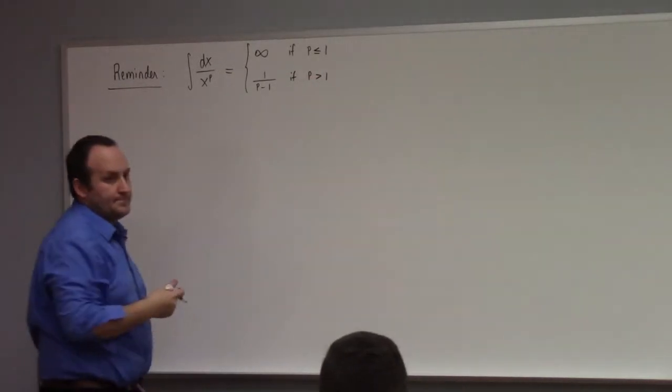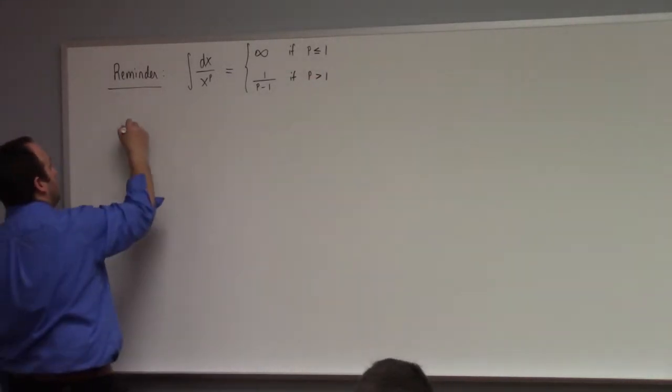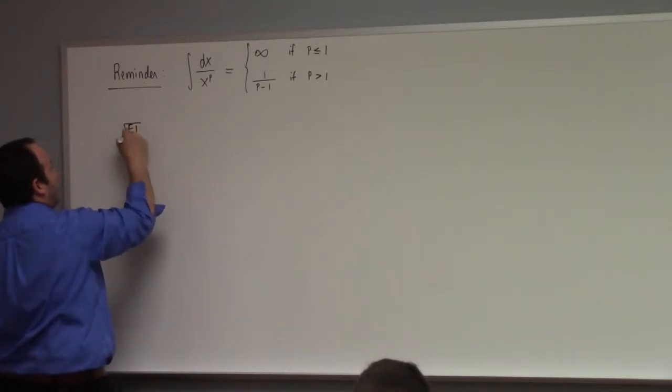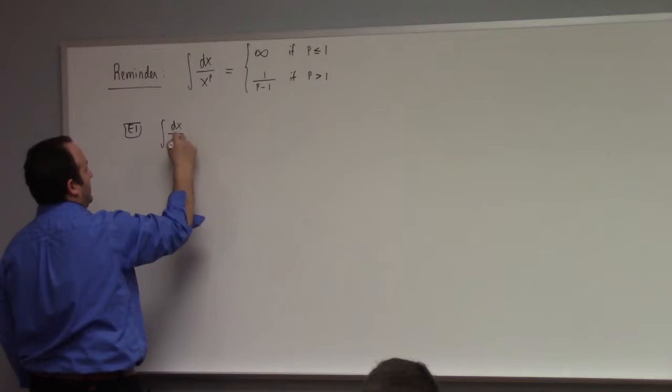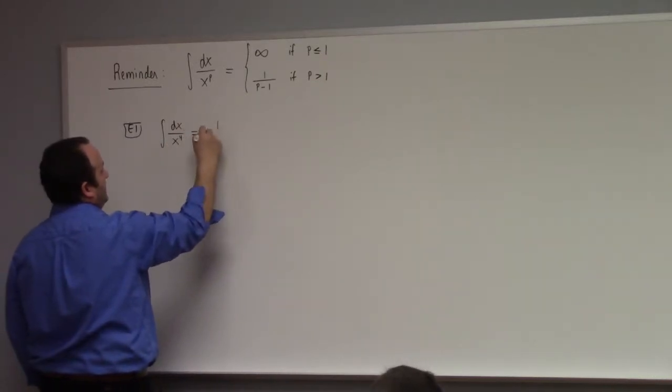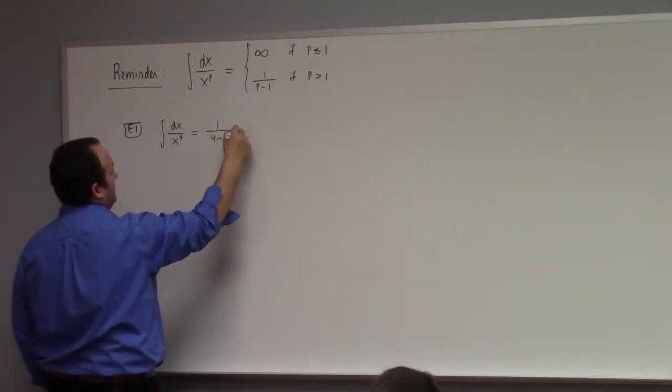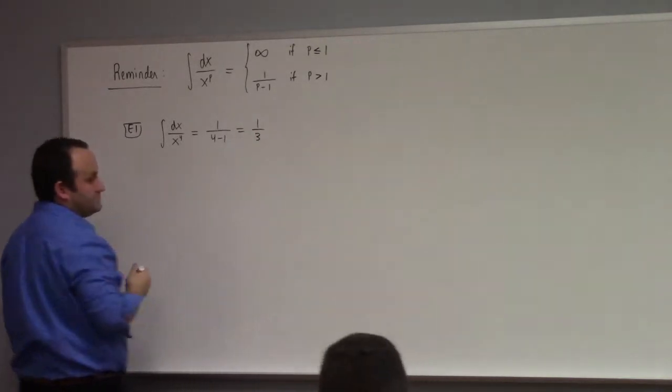All right. So, for example, the integral of dx over x to the fourth we worked out is 1/3.